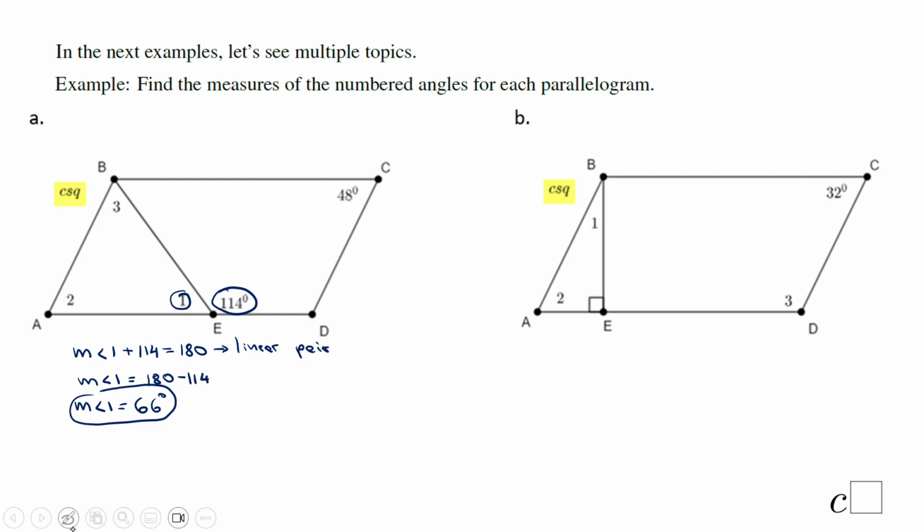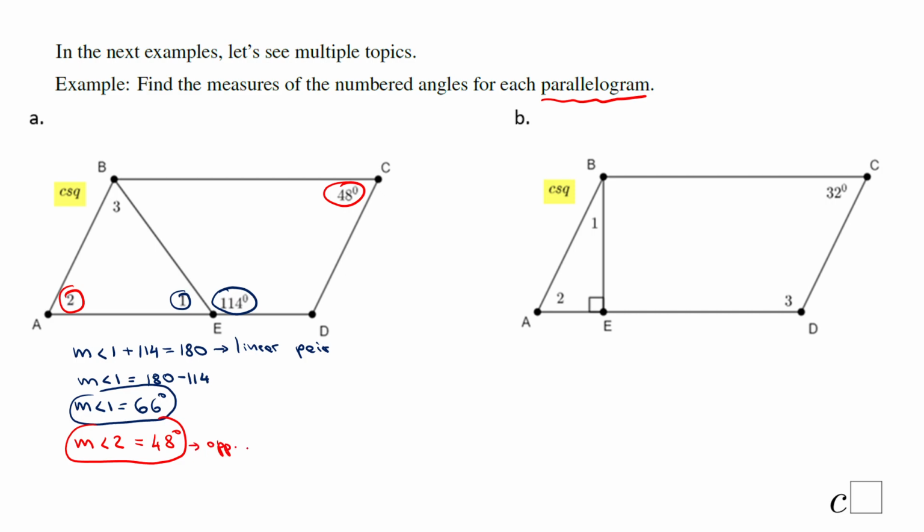Angle 2, this one here, it's the same with these angles because they are opposite angles in this parallelogram, right? So we have the measure of angle 2 should be 48 degrees. I'm going to say here opposite angles.